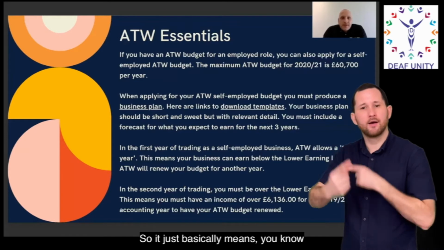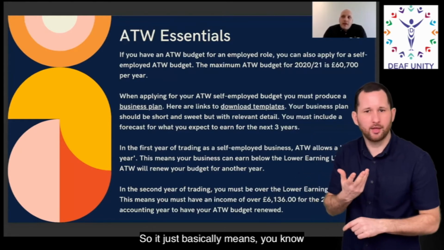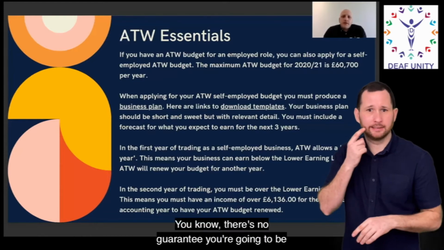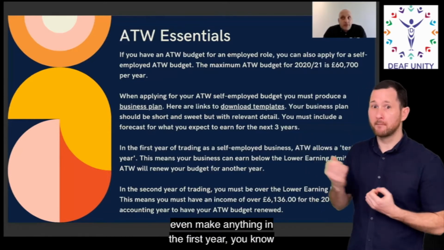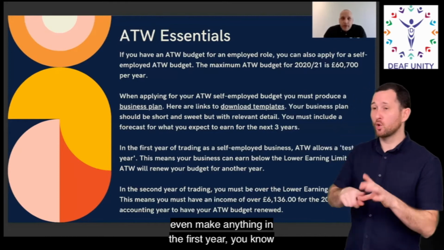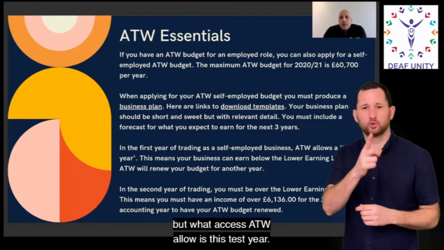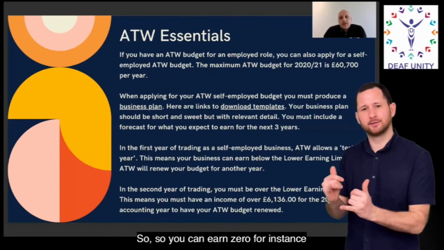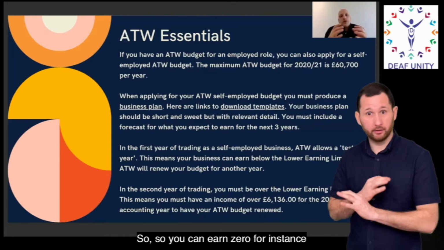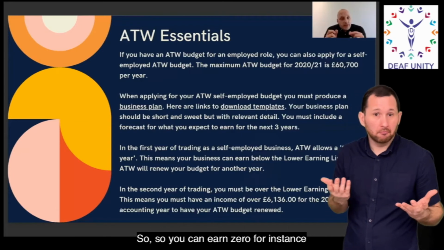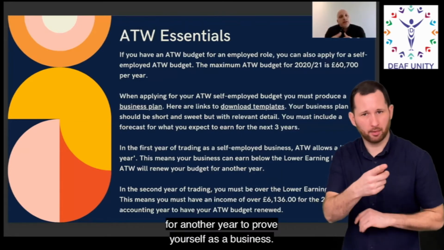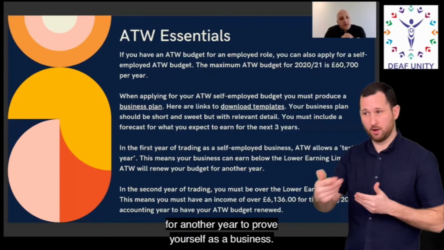Any business you start is hard work, especially the first year, and there's no guarantee you're going to make anything. But what ATW allow is this test year. You can earn 0, for instance, in your first year, and Access to Work will give you a budget for another year to prove yourself as a business.